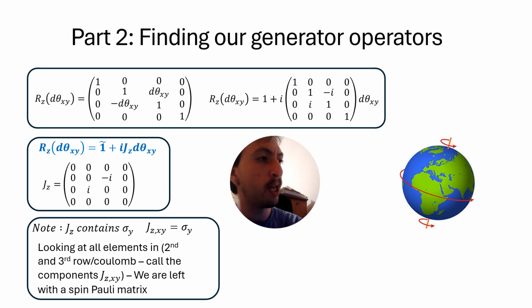Essentially it's the x and y terms which are significant, and those x and y terms are a Pauli matrix. And this is telling us something immediately very interesting.